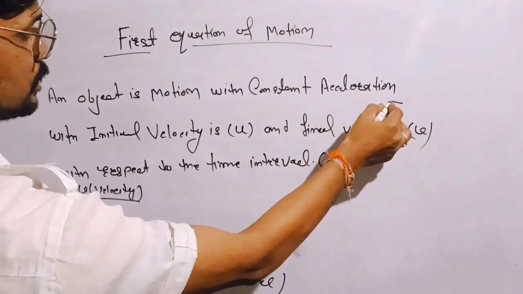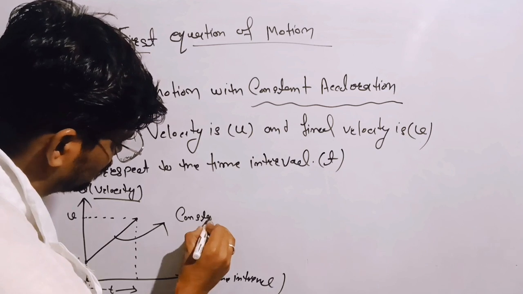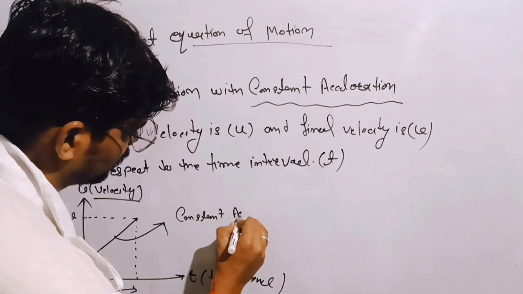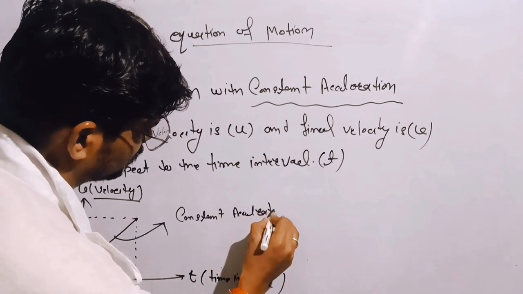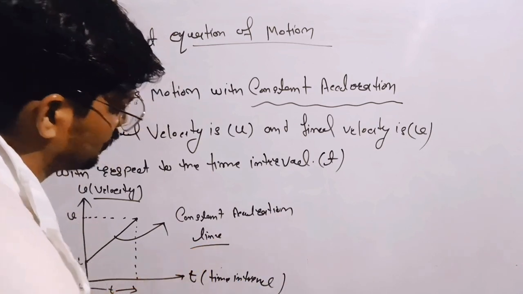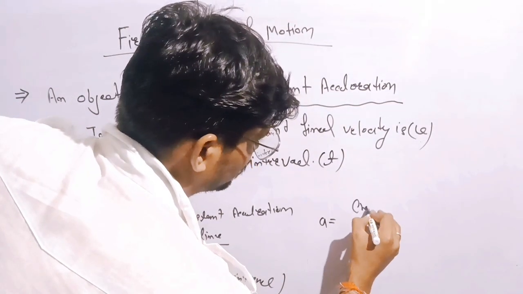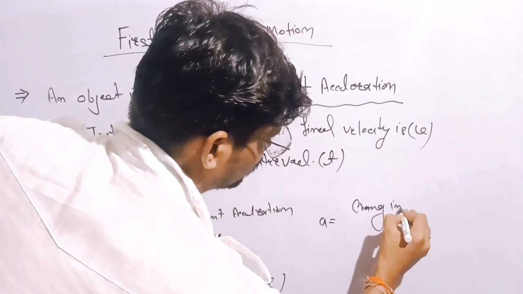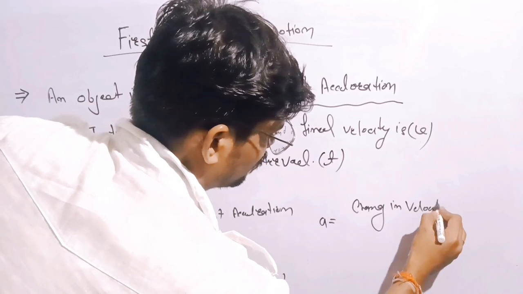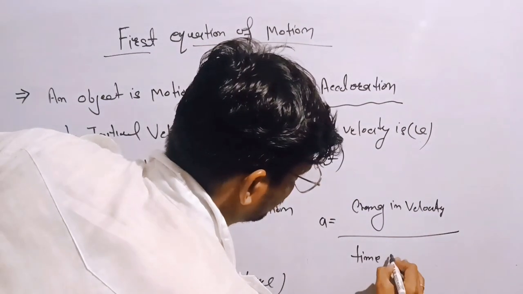So this is a constant acceleration line. So acceleration is equal to change in velocity upon time interval.